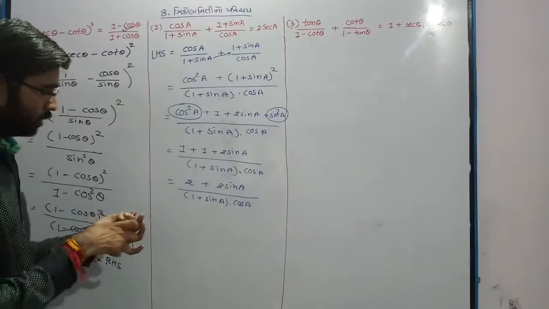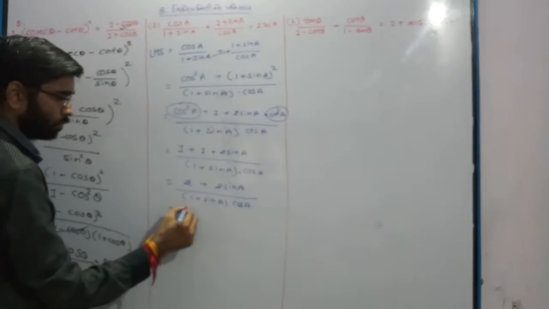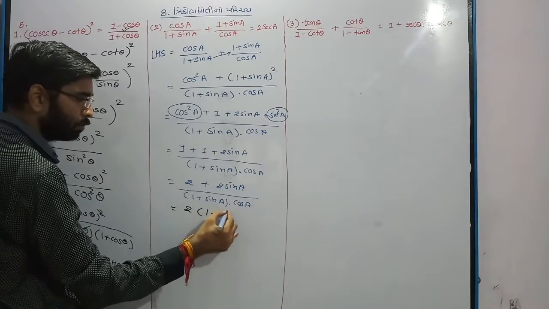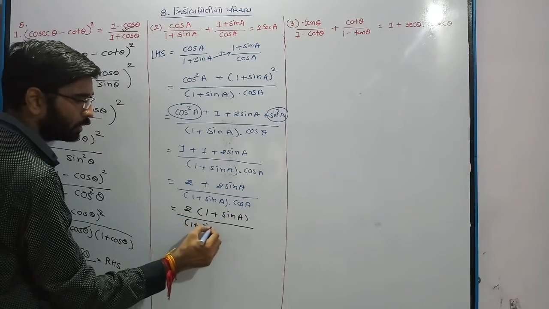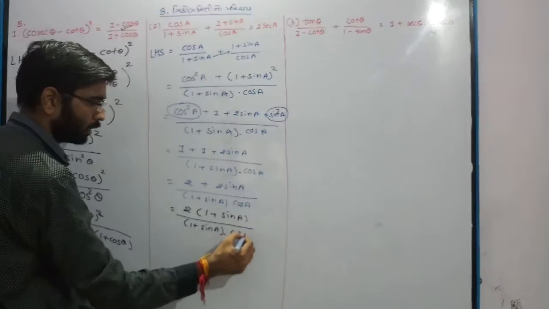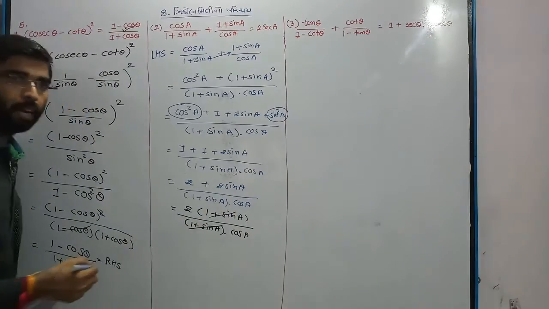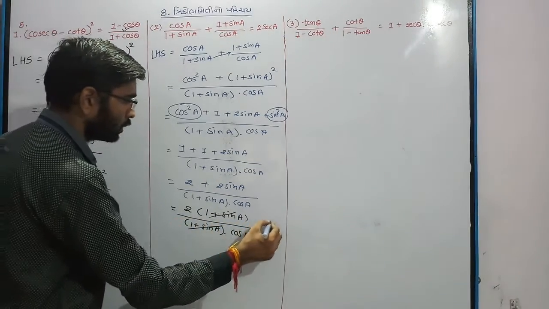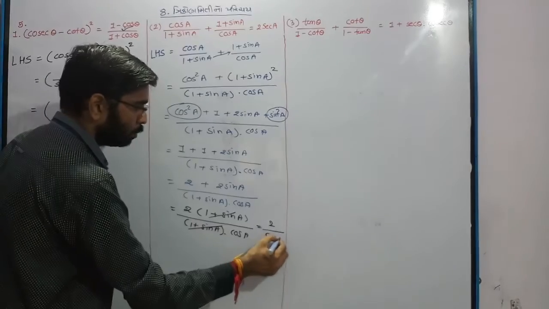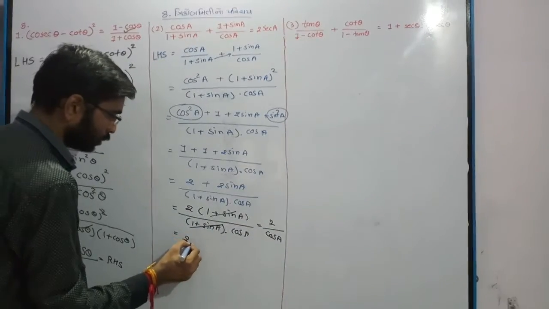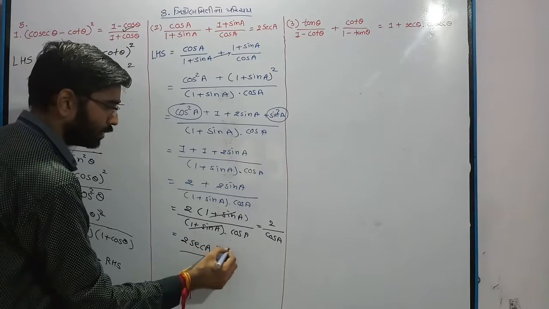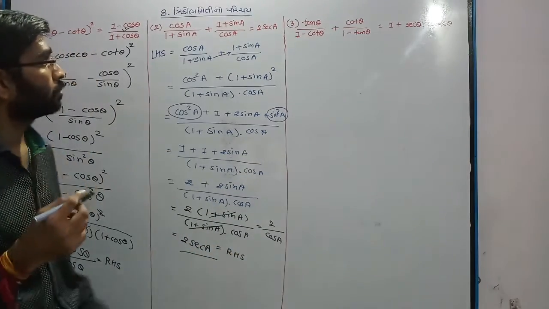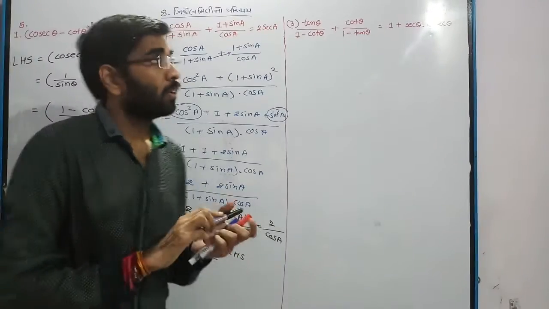In the numerator 2 is common, so 2 into (1 plus sin a) upon (1 plus sin a) into cos a. 1 plus sin a cancels, so 2 upon cos a, and 1 upon cos a is always sec a, so 2 into sec a. Here is the RHS, right hand side.